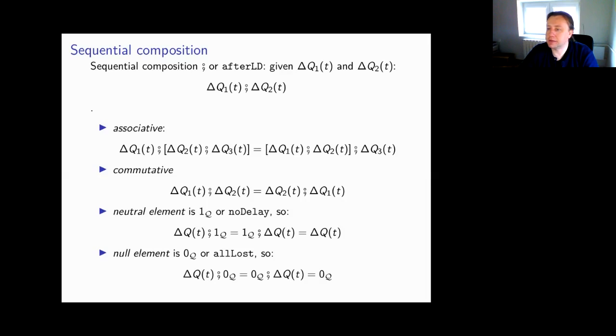And the null element, which is all lost, right? So if we first need to prepare coffee and then we do something that means that we will leave our house and never return again, then we never come back home, right? So if there is a situation where we require completion of events that is always losing all the packets, then we just have the same distribution as if we lost all the packets in the first place.